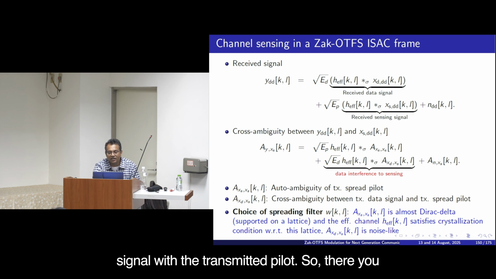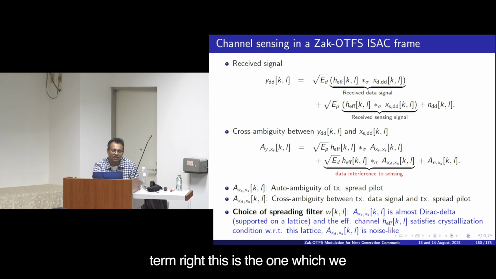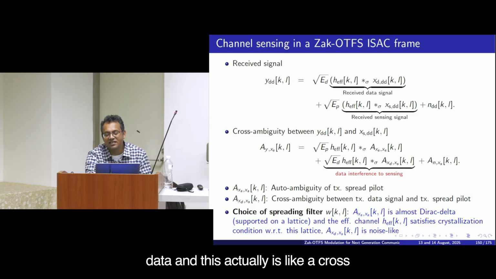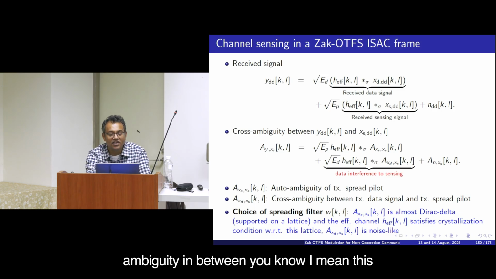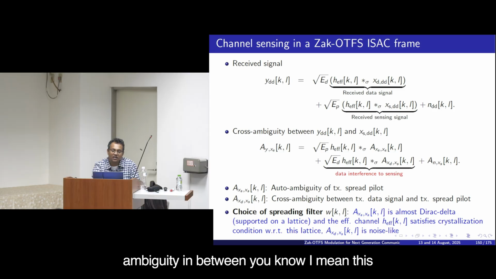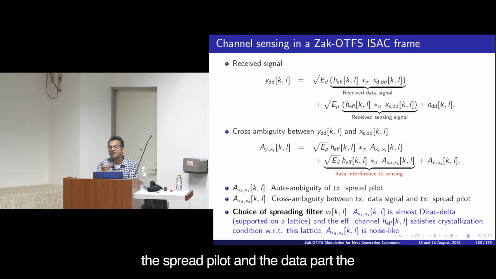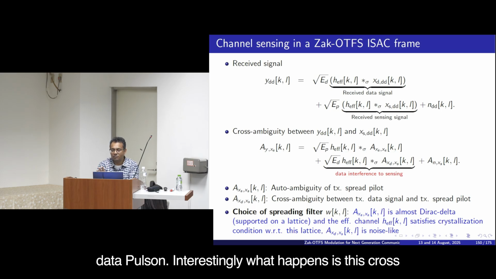There you get this term, the good term we just saw. But then you also get this part which is because of the data. This one is the auto ambiguity of the spread pilot, and this is the cross ambiguity between the spread pilot and the data part, the data pulsons.